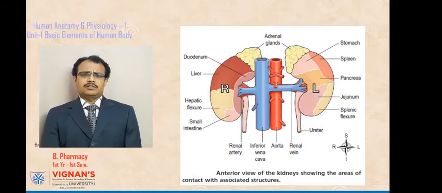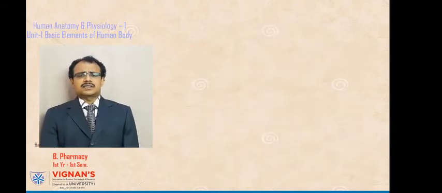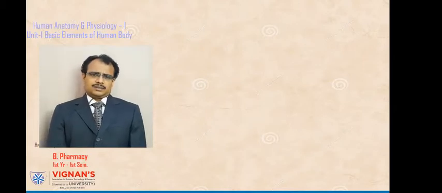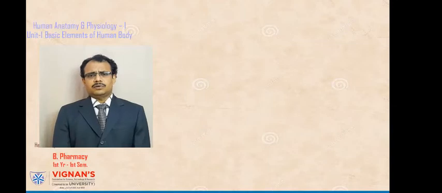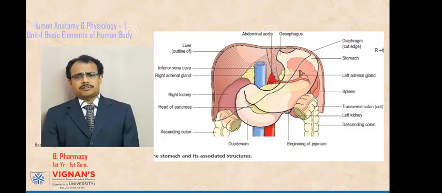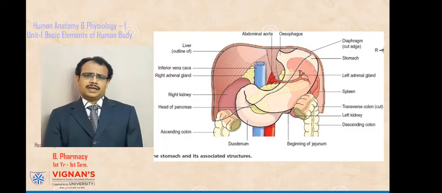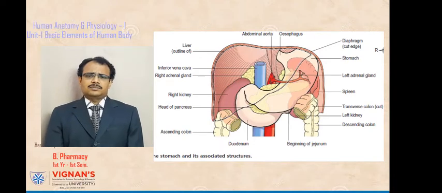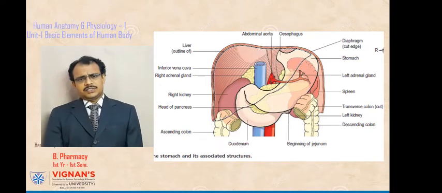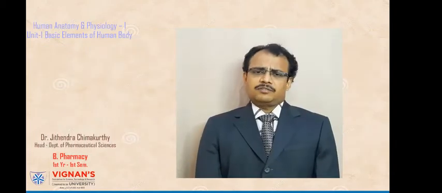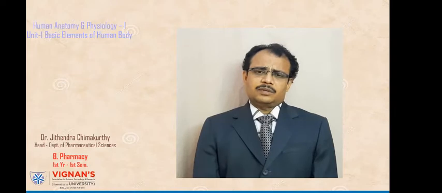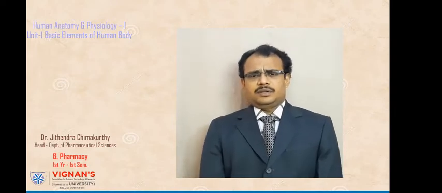For example, we should know the various organs which are surrounding the stomach: what is present above, below, in front of, and behind. That is the structural anatomy in terms of its spatial organization. We will be studying this apart from studying the anatomy of that particular organ itself.